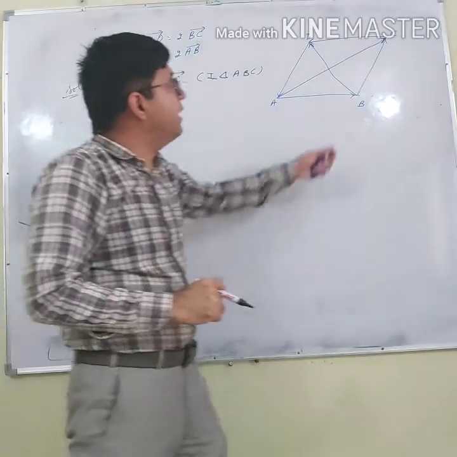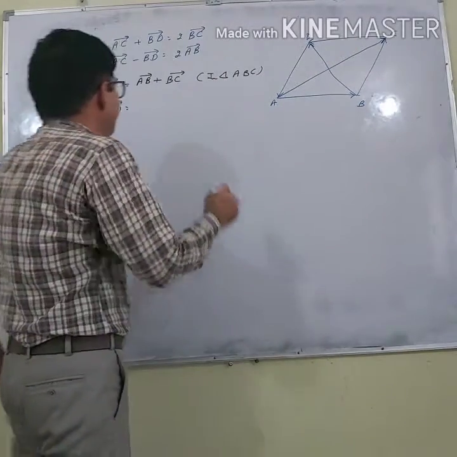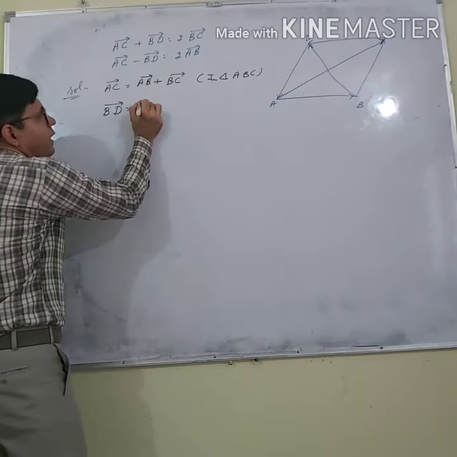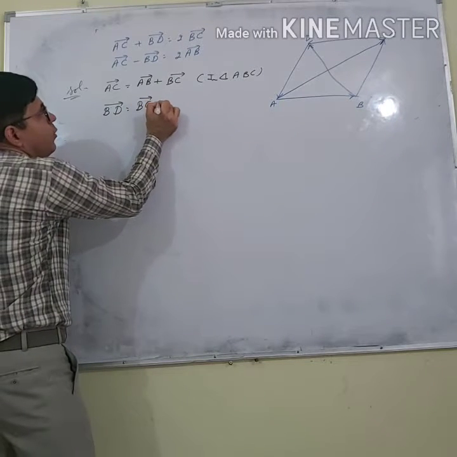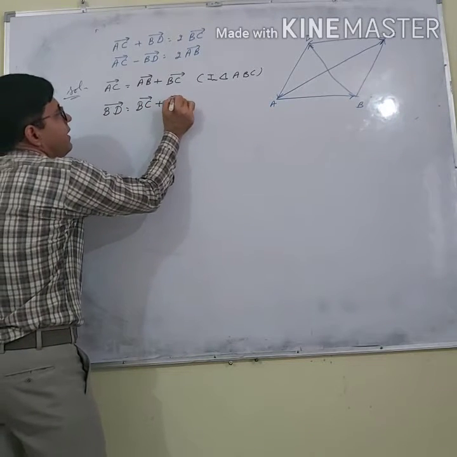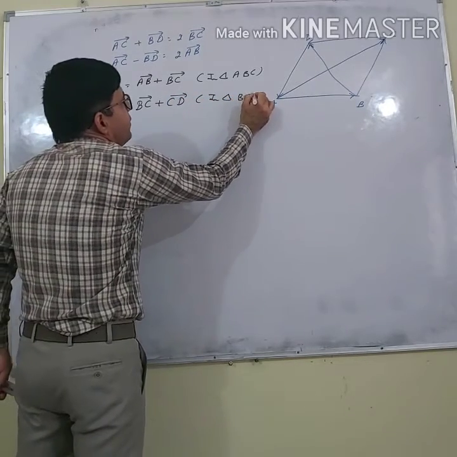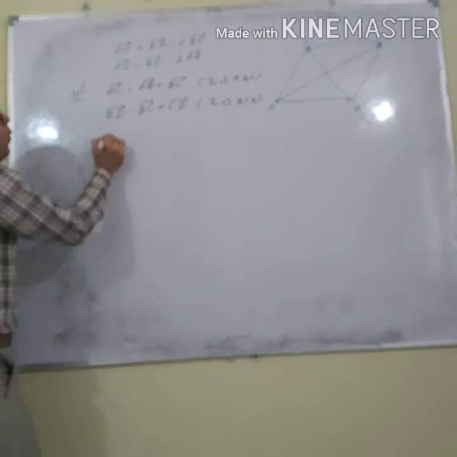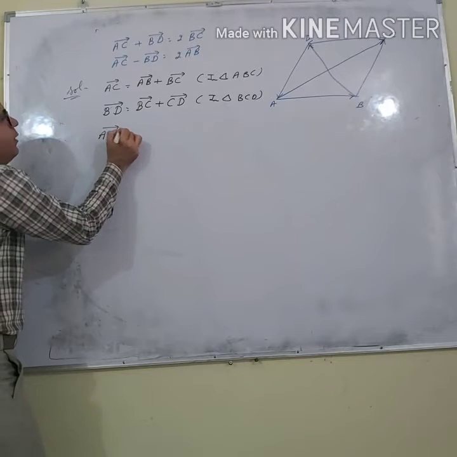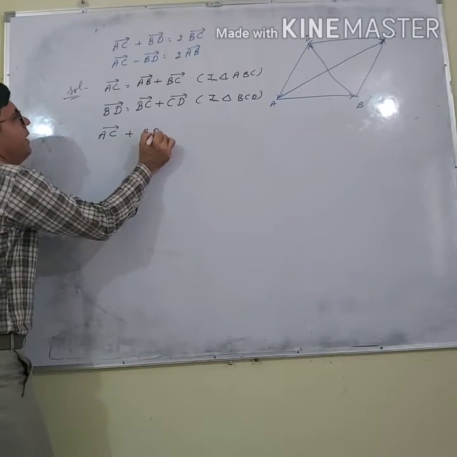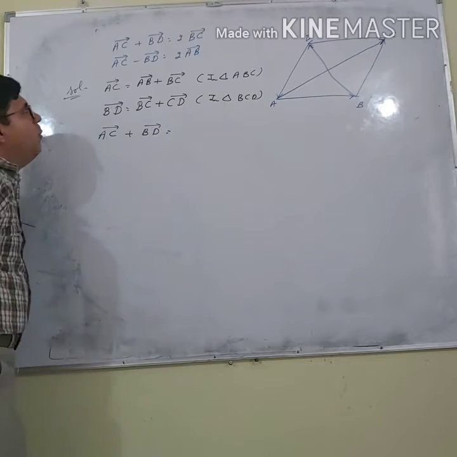So BD is the resultant of BC and CD, and I can say that it equals BC plus CD. Which triangle are we taking? Triangle BCD.